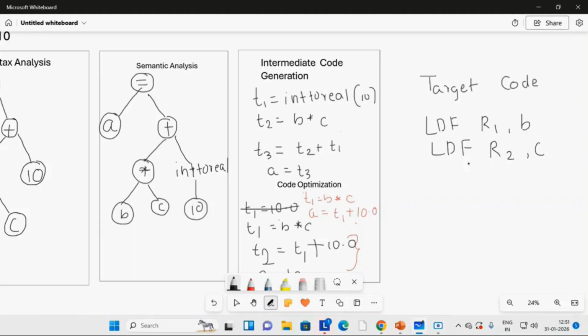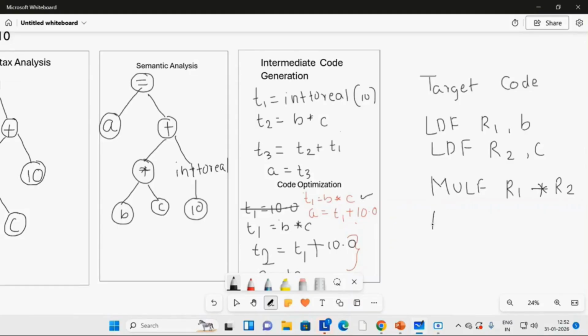So I have loaded them. Now I will perform the first operation, that is to multiply. So I will write multiply R1 into R2. So I have written the target code for T1 is equal to B into C.